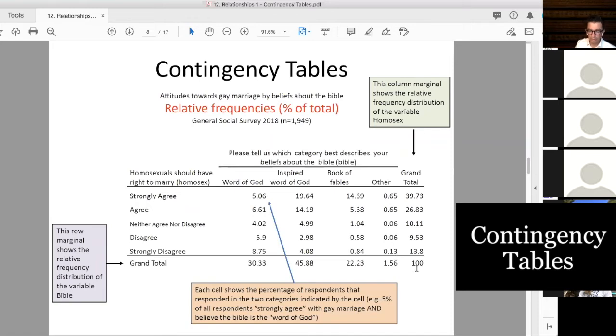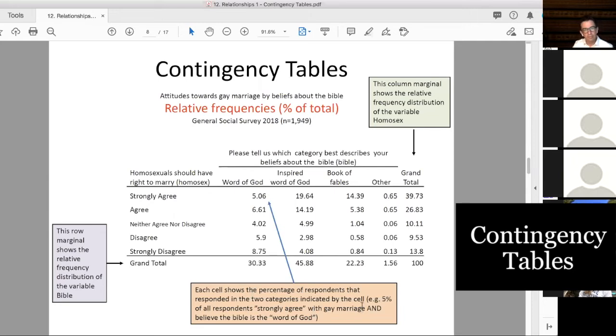So when we do that, when we have a relative frequency as a percent of the total, right, then each cell shows the percentage of respondents that responded in the two categories indicated by that cell. For example, 5% of all respondents strongly agree with gay marriage and believe the Bible is the Word of God.